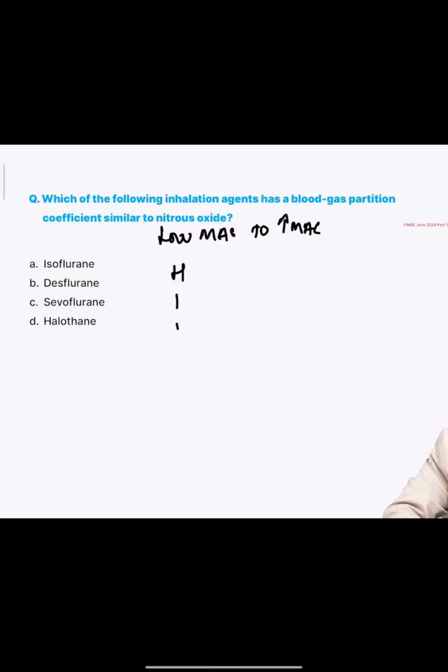The mnemonic was MHISDXN. Okay, so M means what? Methoxyflurane, H is halothane, I is iso, S is sevo, D is desflurane. But we are not talking about the MAC. He is asking about blood gas coefficient. Blood gas coefficient, it will be in the opposite direction.